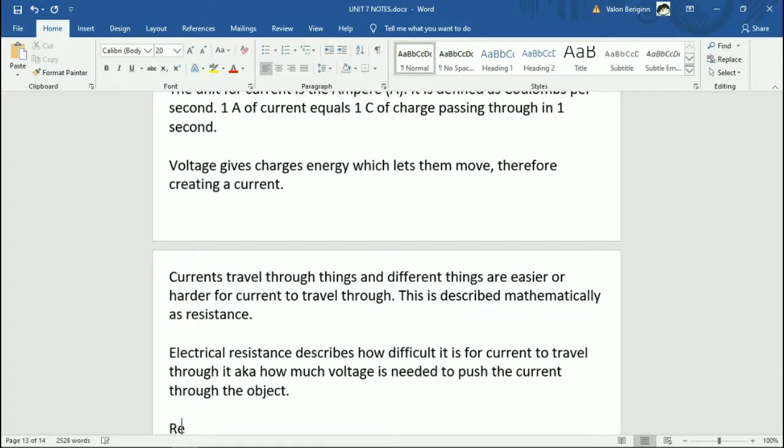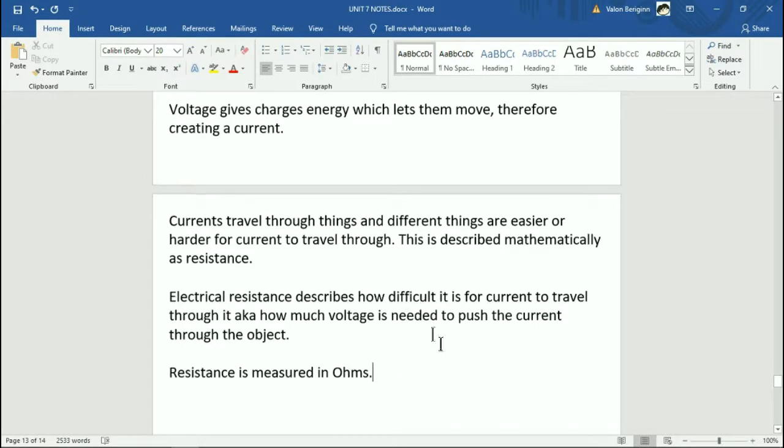So resistance is also measured. It has its own mathematical unit. Resistance is measured, you may have heard of this, in ohms. Now the symbol for ohms is an uppercase omega.